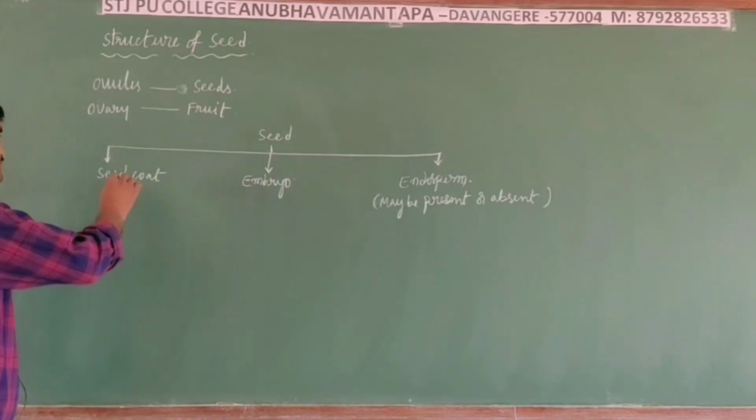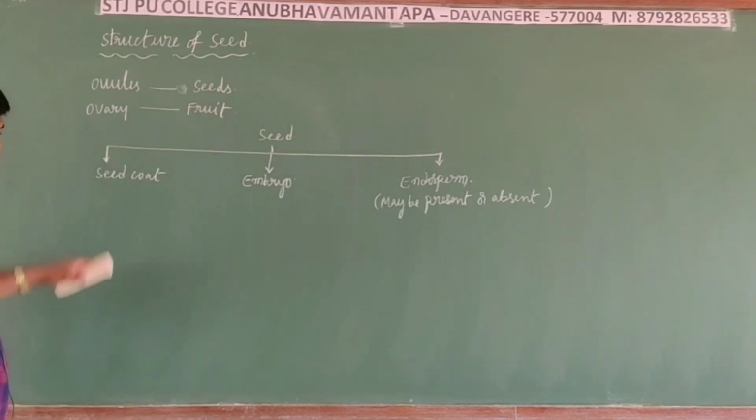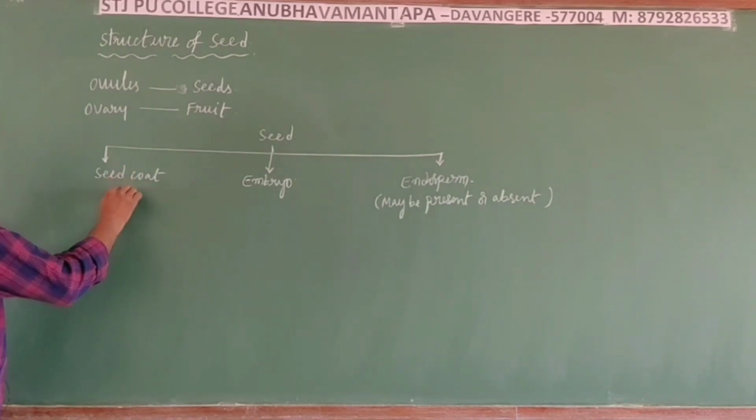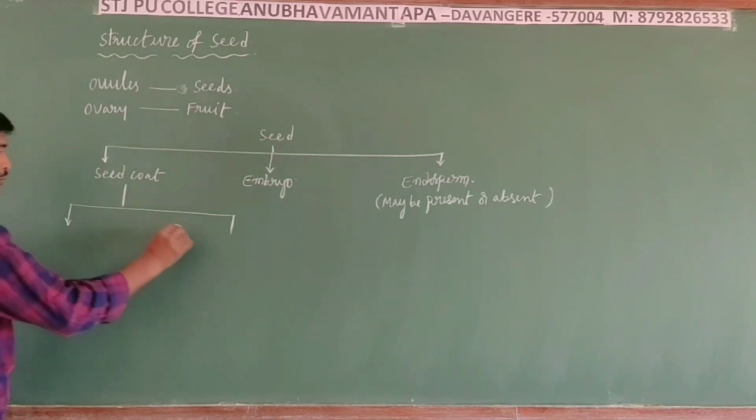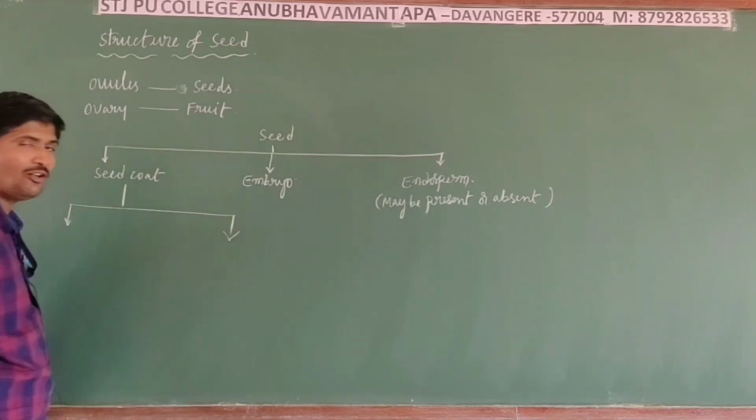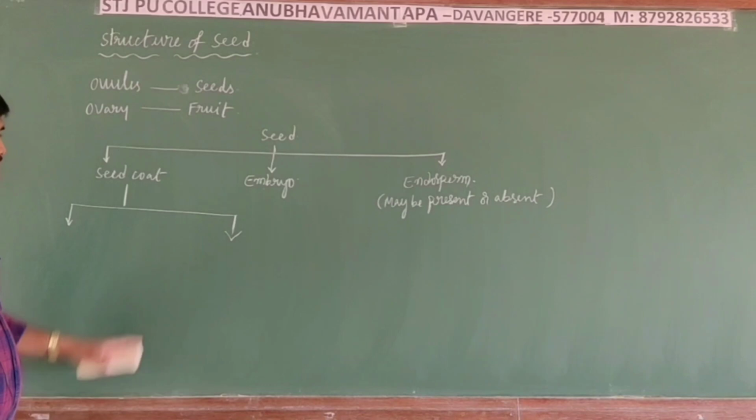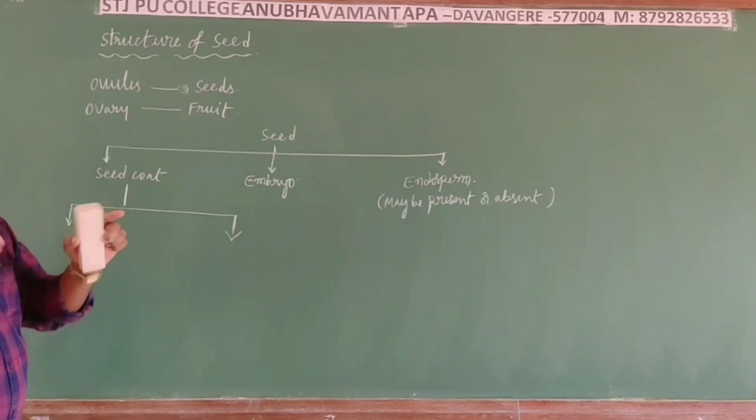Now the seed coat is developed from the integument of the ovule. That's why the seed coat is a protective coat. It protects the embryo inside. That's why the main function of the seed coat is protection.